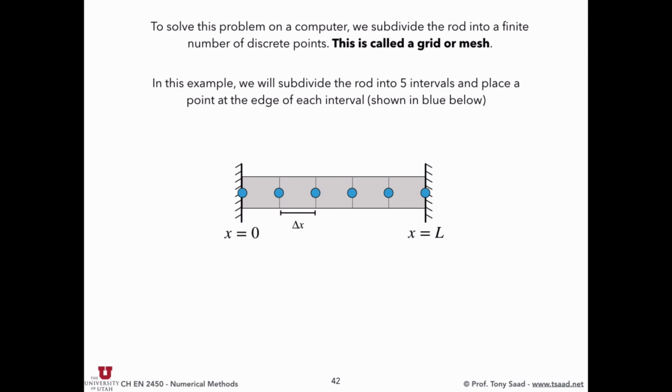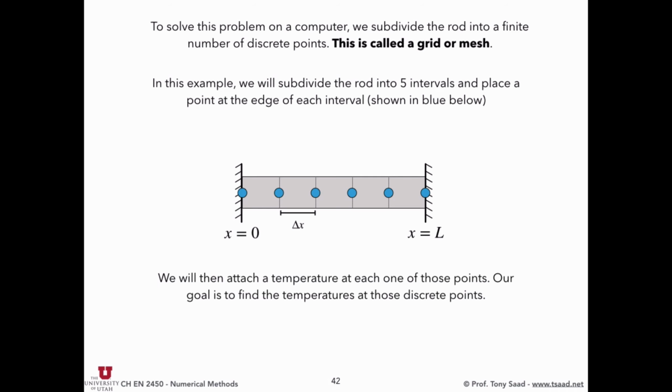So I'm going to take this rod, and I'm going to place a point at one boundary, and a point at the other boundary, and just subdivide things equally, okay? Now, the spacing, you can define that as delta x. We'll talk about this in a second. But what we're going to do numerically, we will attach a temperature value to each one of those points, okay?